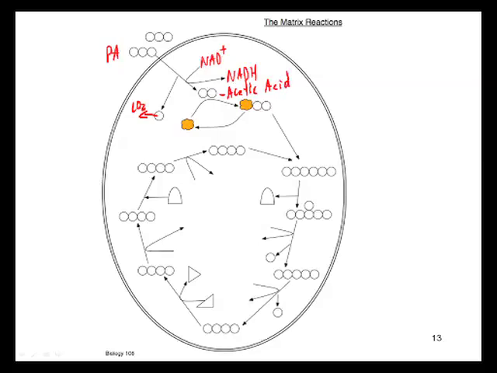Acetic acid is the acid that's in vinegar. Vinegar is just very, very dilute acetic acid. So we move from a 3-carbon molecule to a 2-carbon molecule.